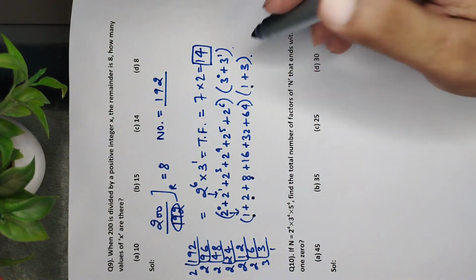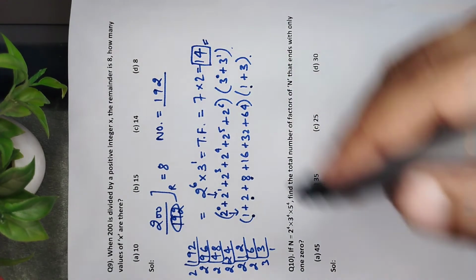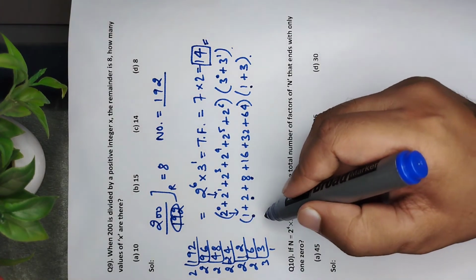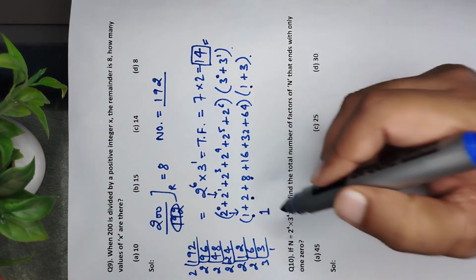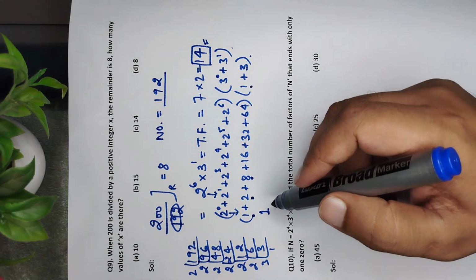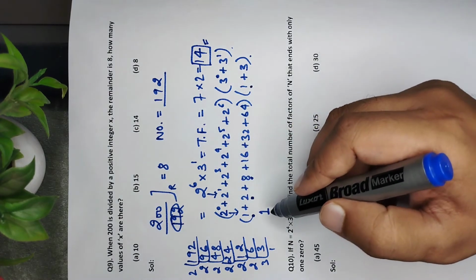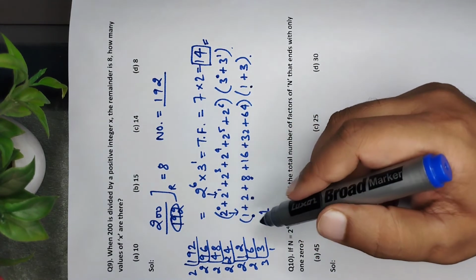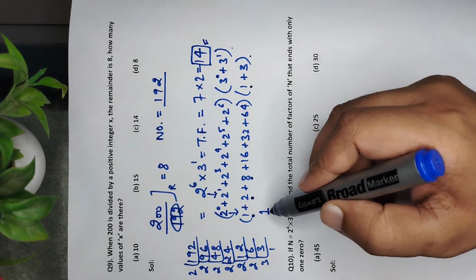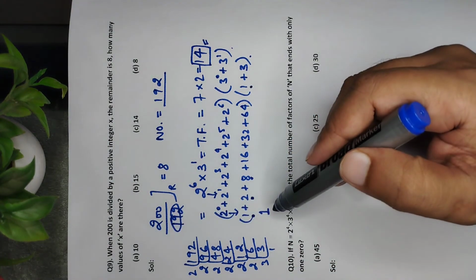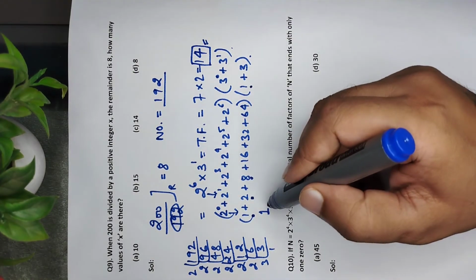So what we can do is, I already found that there are a total of 14 factors. Now what we do, we simply write down the values starting from 1 like this, and then we have to see whether this number is a factor of 192 and whether this number is leaving any remainder or not. Like 1 is a factor of 192, and if 200 is divided by 1, it will not leave any remainder.